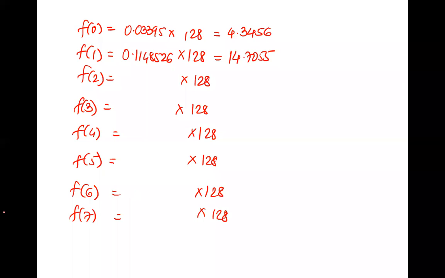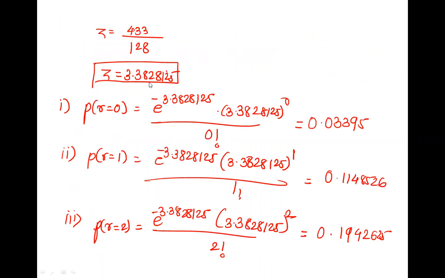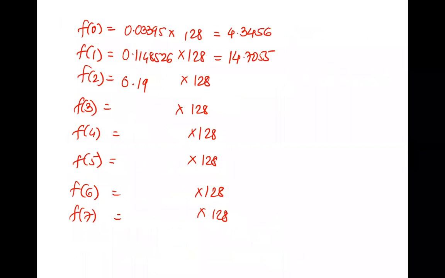What was probability at 2? 0.19 42625. 24.8656.